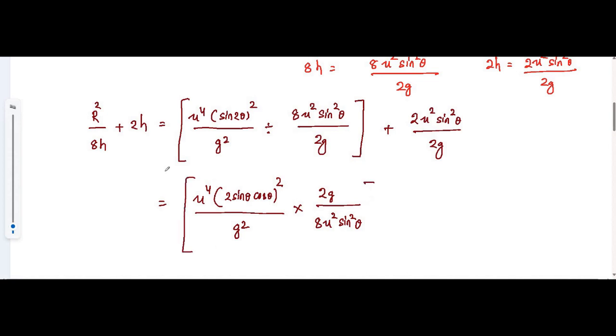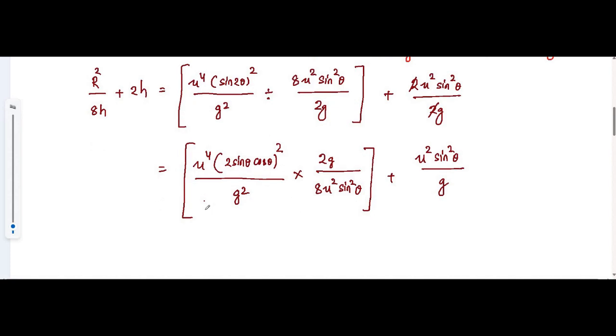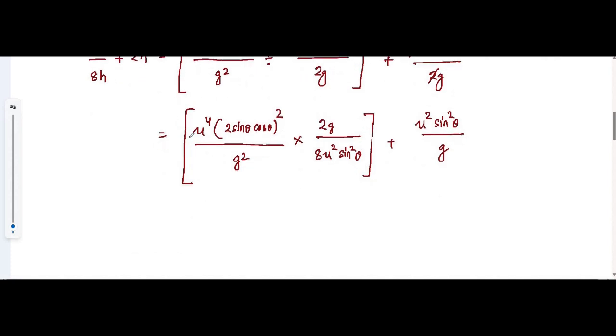Let's keep it in the bracket, plus here 2 will get cancelled, so we'll have u square sine square theta by g. Okay, here also a lot of cancellation will happen, so let's see.